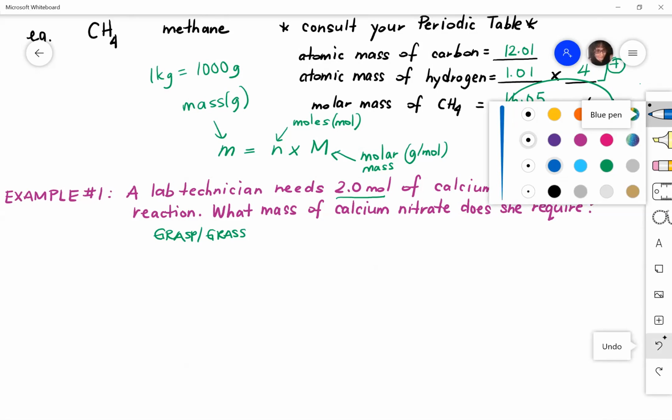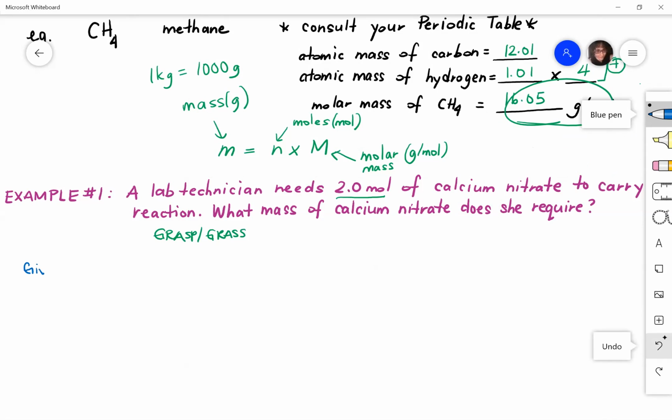Here, we're going to first write down the information that's given. We have information about the number of moles of the substance, but we're also told that this particular substance is calcium nitrate.